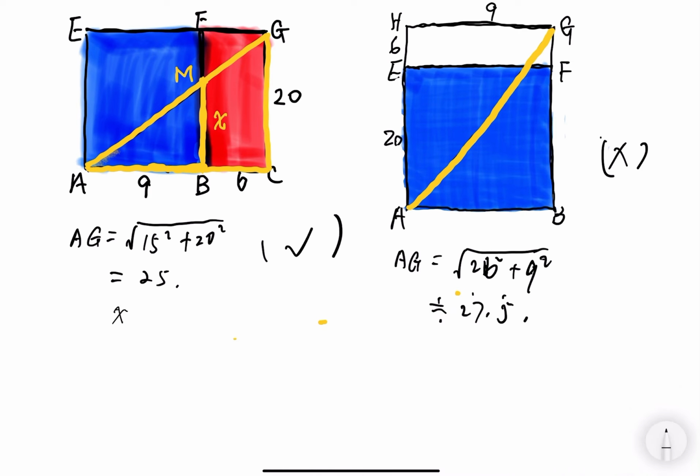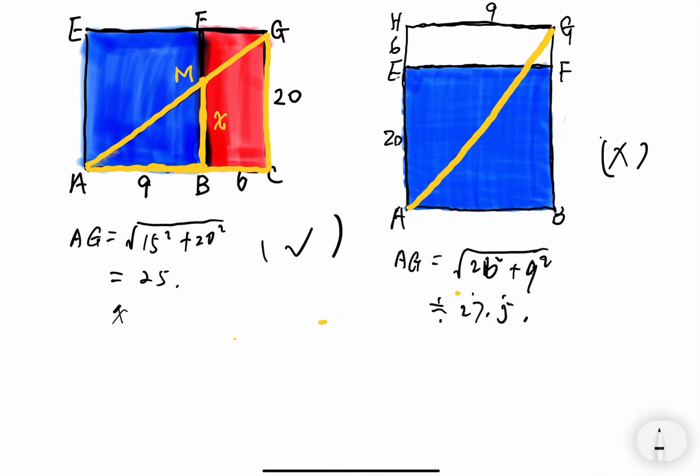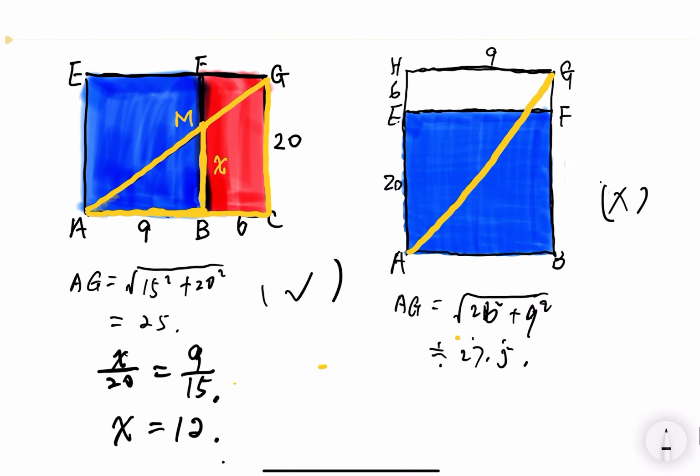So X over 20 equals 9 over 15. From there, we can find that X is equal to 12. Which means if you land on BF, 12 units from B, then that will be the shortest path.